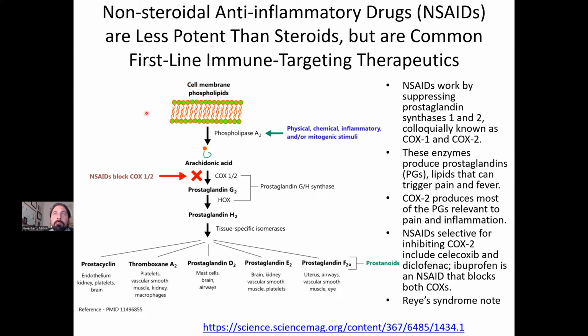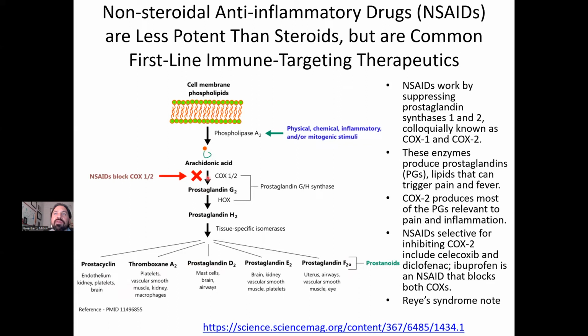So in your plasma membrane, you have your phospholipids that make up the membrane, but there's an enzyme called phospholipase A that can start cutting up those membranes and using those lipids and start driving them down these paths and making things like prostaglandins.